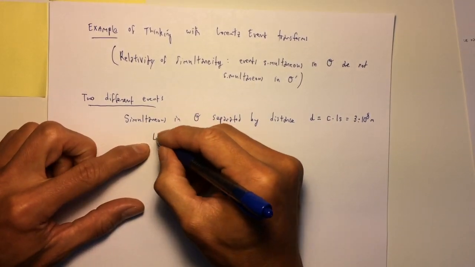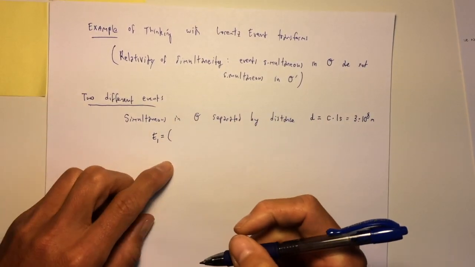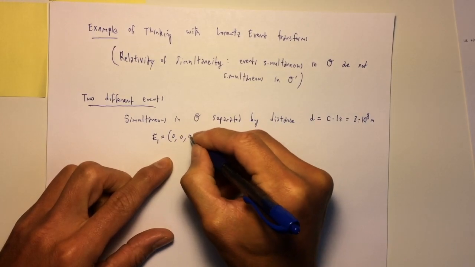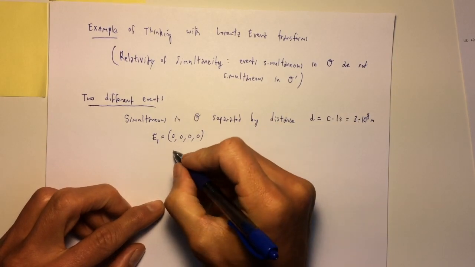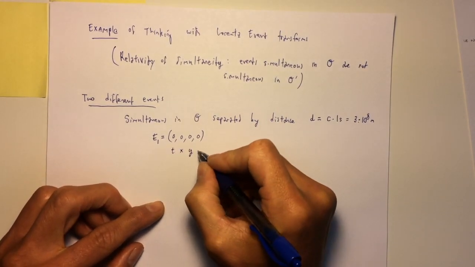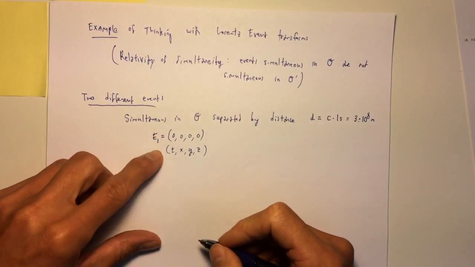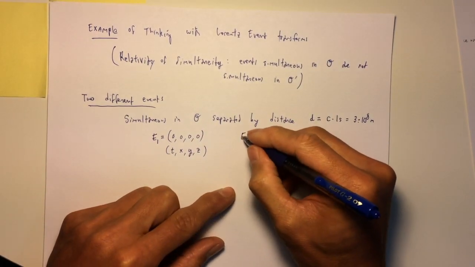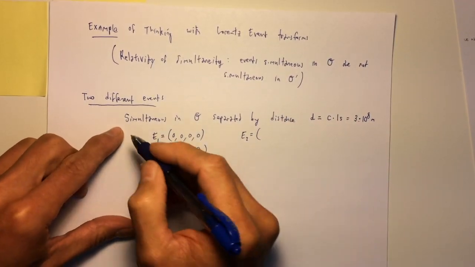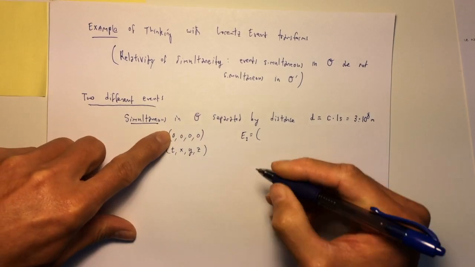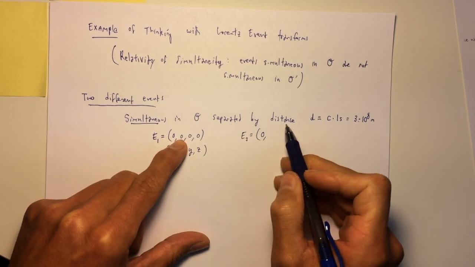So let's say that event number 1 is equal to 0, 0, 0, 0, right? So these are the time and then space coordinates of a particular event. That's event number 1. And here is event number 2. It happens simultaneously, so it's going to have the same time, but it's got a different place that it happens.